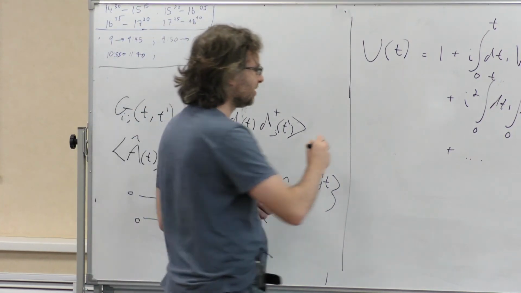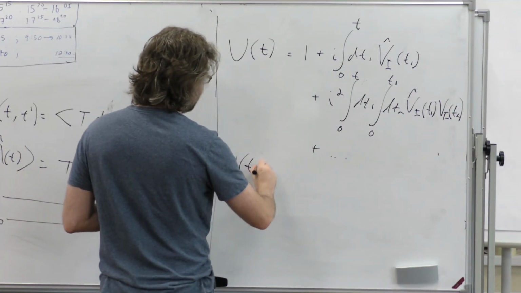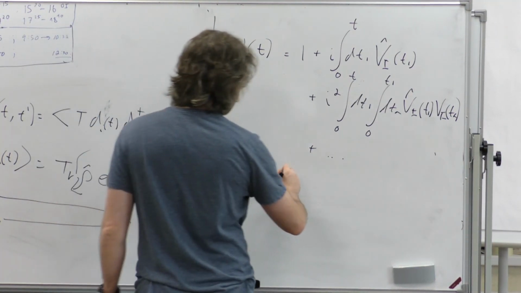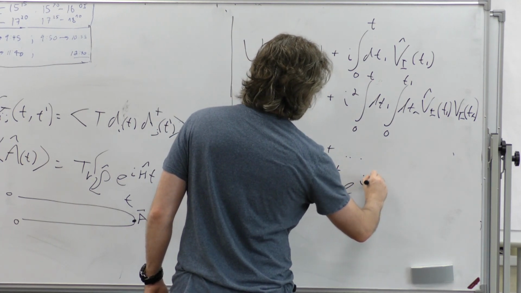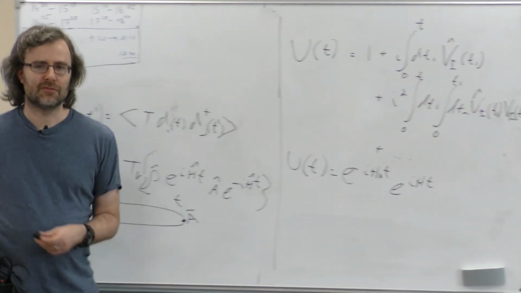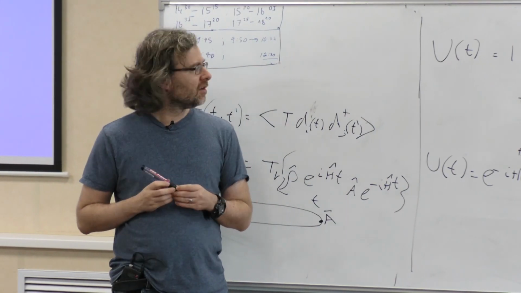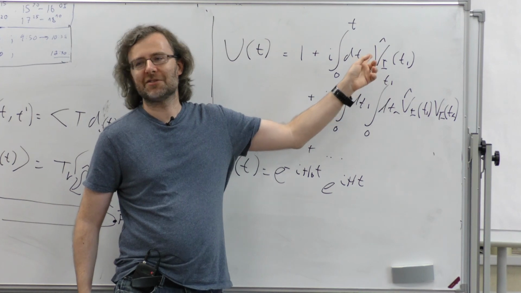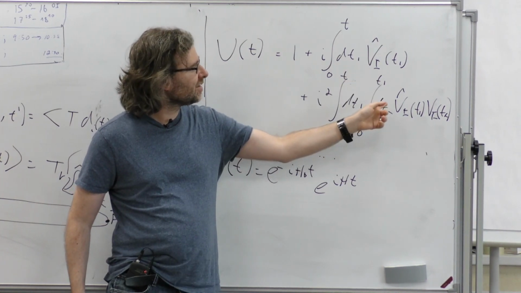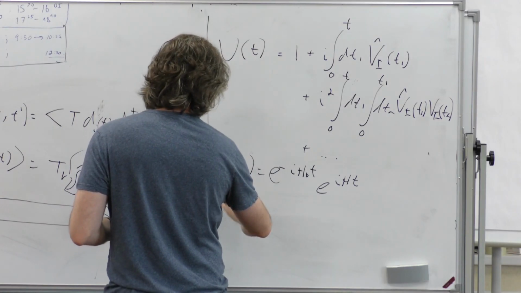Okay, what is the interaction picture time propagator? Okay, I hope that you remember the interaction picture, but it's something like this. These guys are interaction picture operators. Okay, that's what this little subscript I says. So what I do is like this.